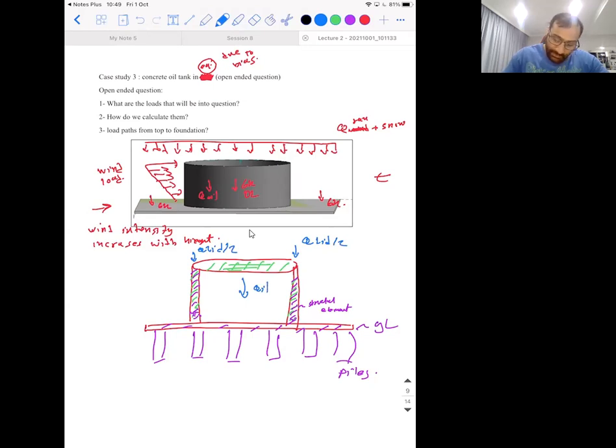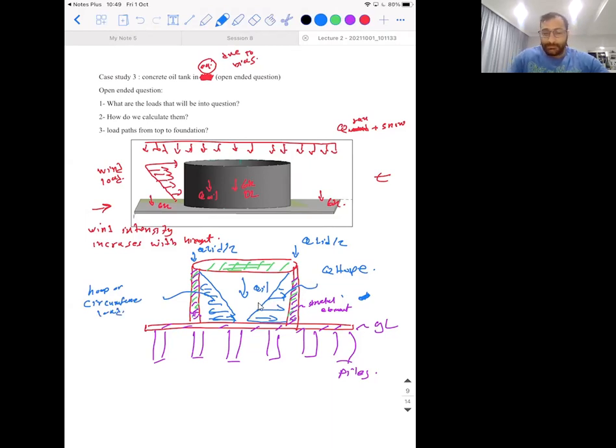We have this pressure now called hoop pressure, creating tension. This is also called circumference, or circumference load acting on the tank.